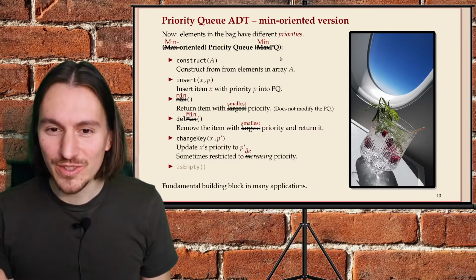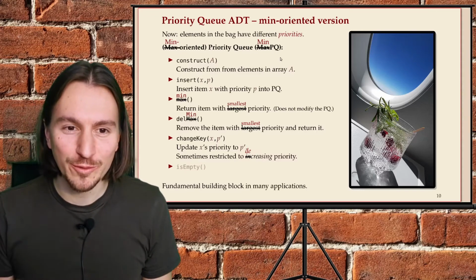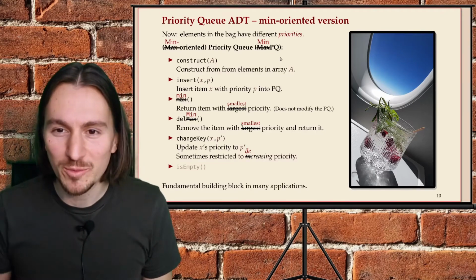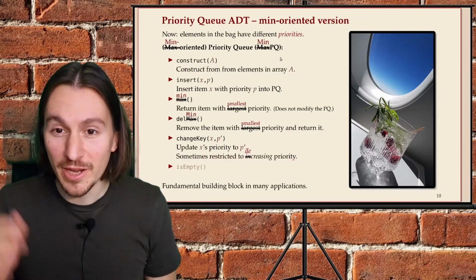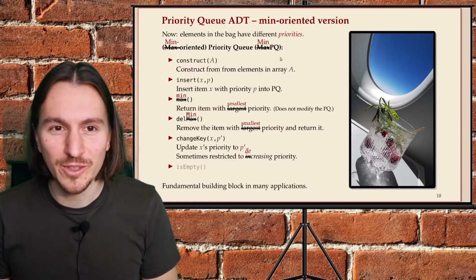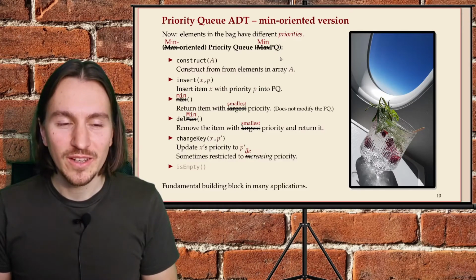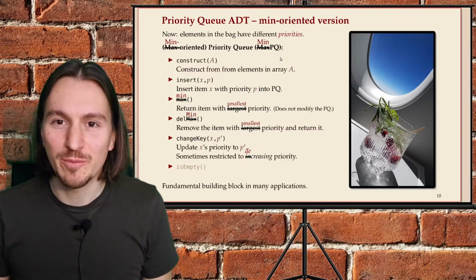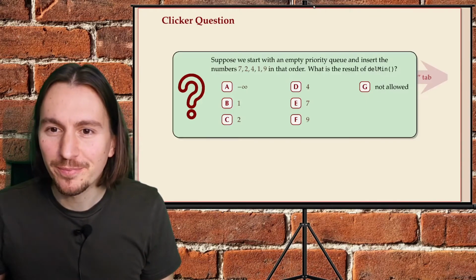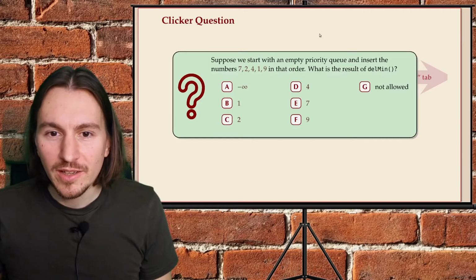So both exist, and to make it a little confusing for students, some textbooks use the min-oriented version, some the max one. The max-oriented one will be what we use in this unit, because that's what the videos I mentioned on the website also use. So to be consistent with those.